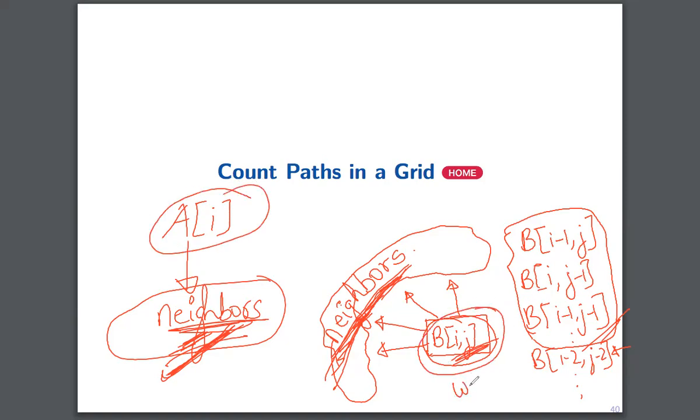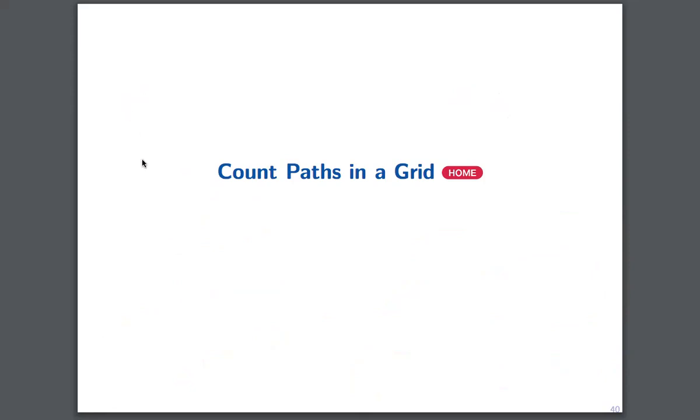This is the cell that is written to. When you're writing on this, what are the other cells it reads from? Typically, they will be the neighbors. Make sense? Okay, let's continue. The more you practice, you will see the pattern more clearly, and you can easily attack more new dynamic programming problems.